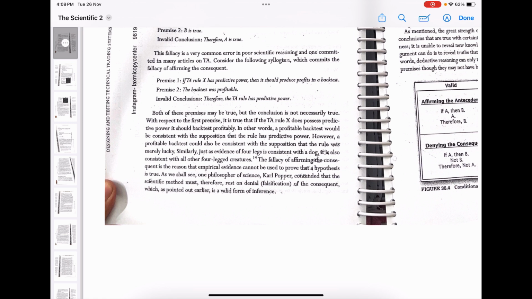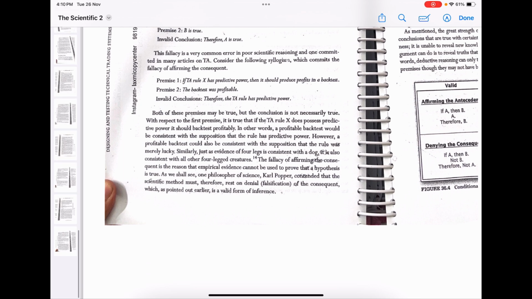With respect to the first premise, it is true that if the TA rule X does possess predictive power, it should backtest profitably. In other words, a profitable backtest would be consistent with the supposition that the rule has predictive power. However, a profitable backtest could also be consistent with the supposition that the rule was merely lucky. Similarly, just as evidence of four legs is consistent with a dog, it is also consistent with all other four-legged creatures.